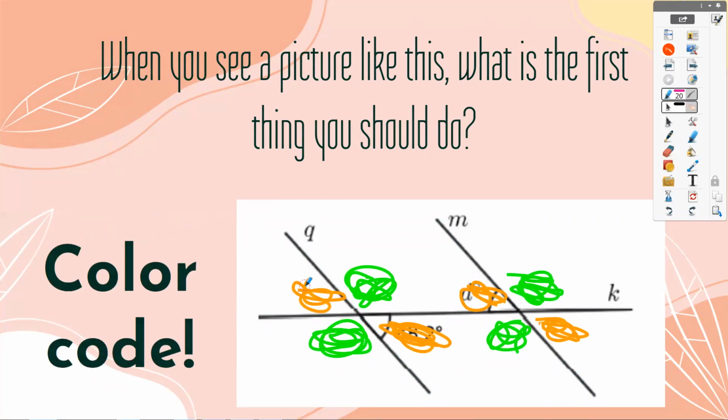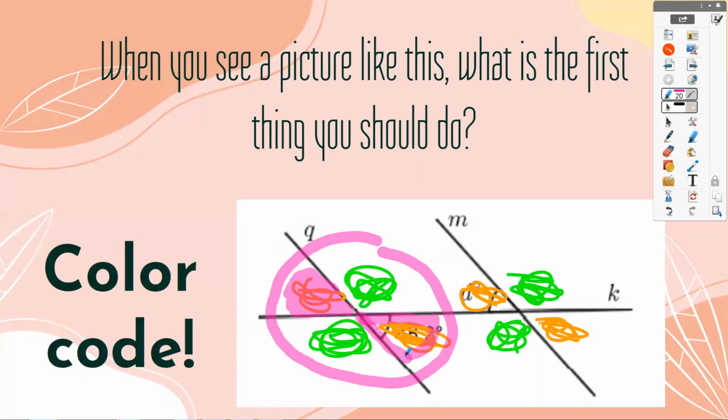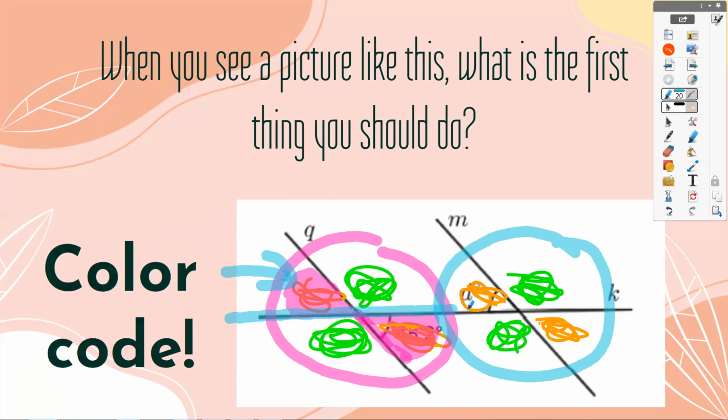So if I looked at this as a cluster, if I colored this orange, or pink in this case, I know my vertical angle is this one because they share only that middle vertex. And then if I looked at that compared to the cluster over here, well, this one is on the top of my transversal, but on the left of my parallel.